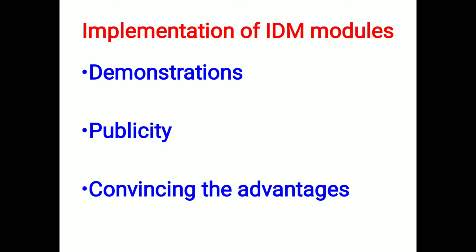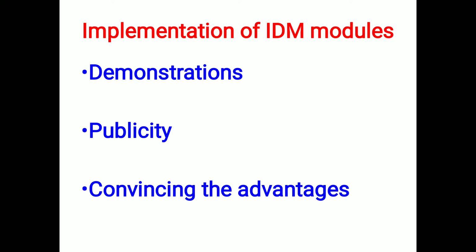We can publish the advantages of IPM modules. Then we can try to implement that IPM module. That means farmers use the IPM modules if you do the publicity with the help of different sources.